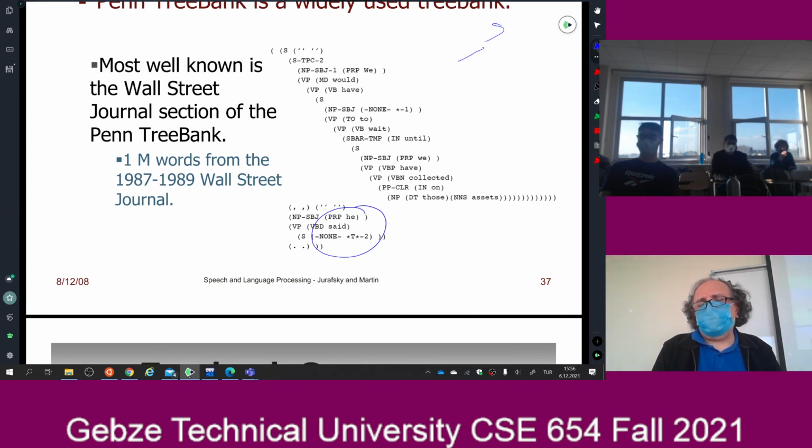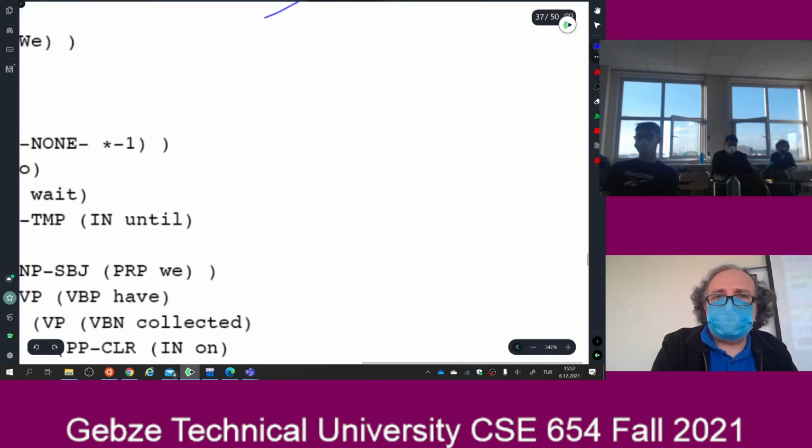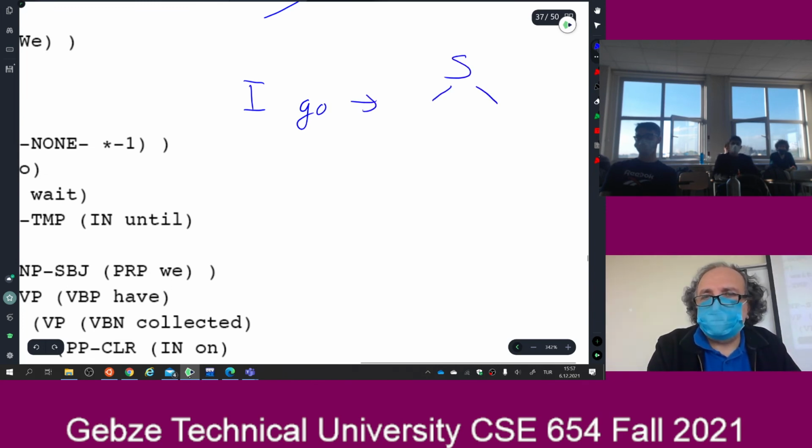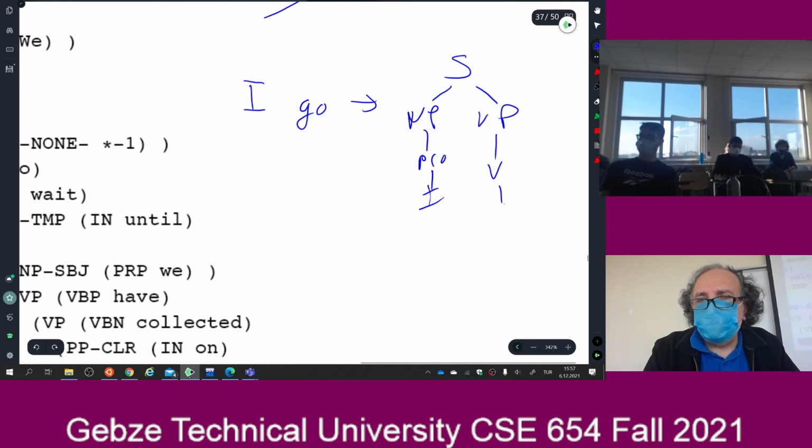Well, you are applying your CFG rules to those sentences and you are coming back with these trees. I have this kind of sentence, I go: noun phrase, verb phrase, pronoun I, verb go.